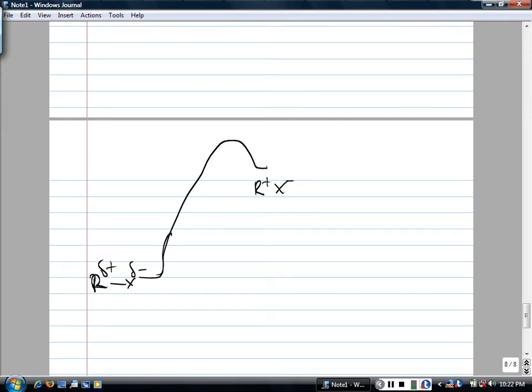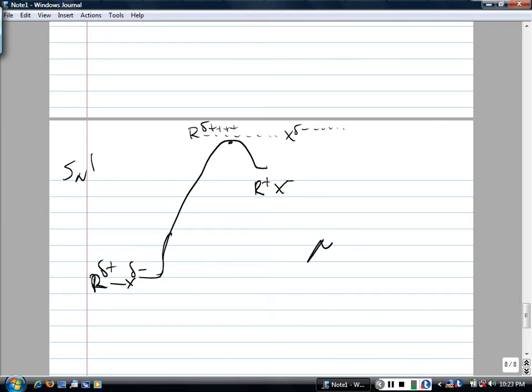My transition state for the SN1 reaction looks like this. We mentioned that in class today. I'll have R delta plus plus plus plus plus, X delta minus minus minus minus minus. In other words, the transition state for the SN1 reaction is more polar than the ground state, than the substrate molecule.